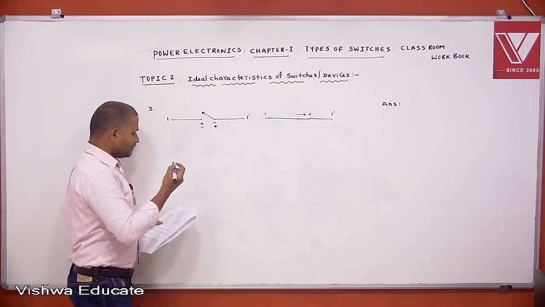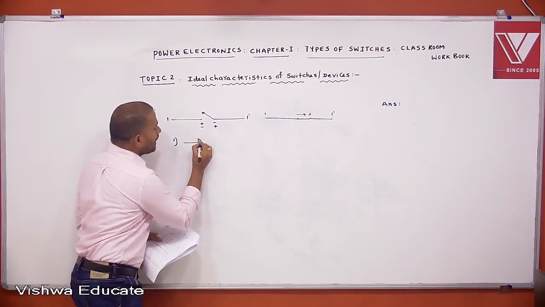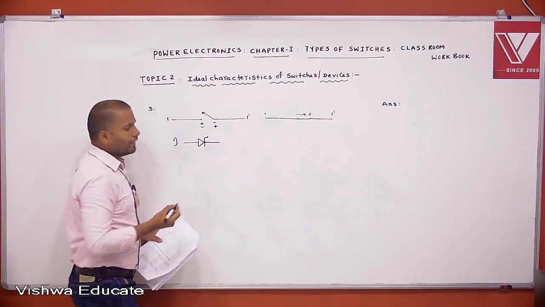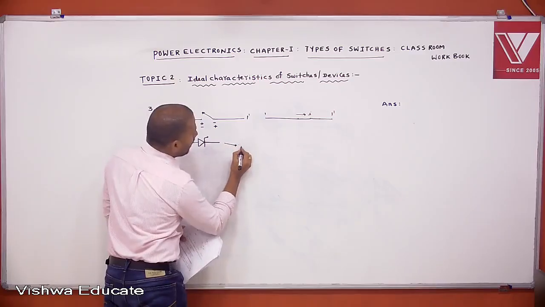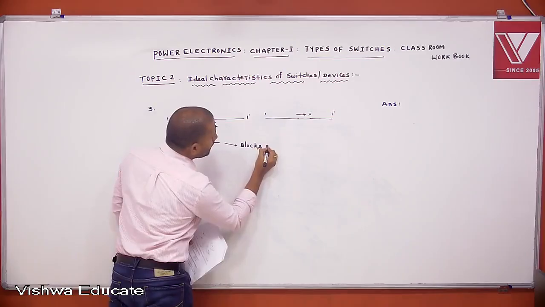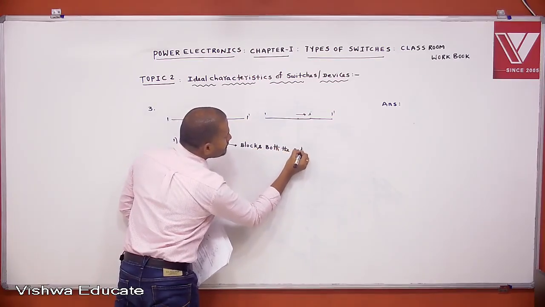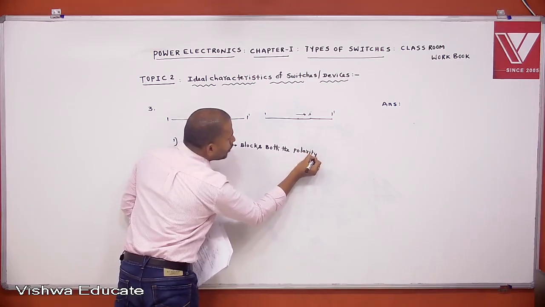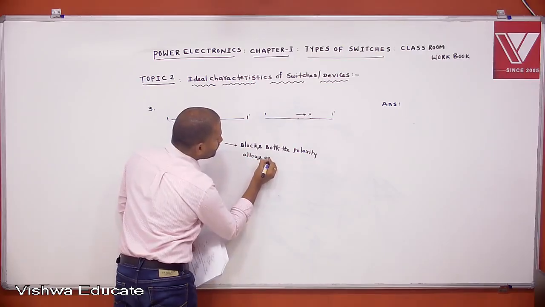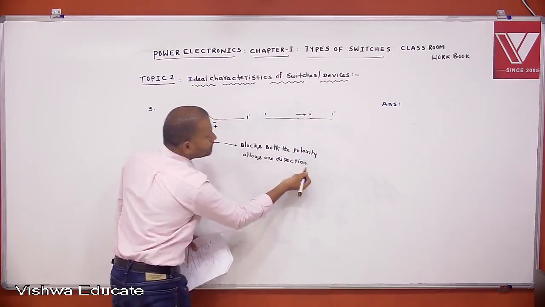See the first one, what is given? It is a thyristor. We know thyristor blocks both polarities, the characteristics we already saw. It allows only one direction, that you know.